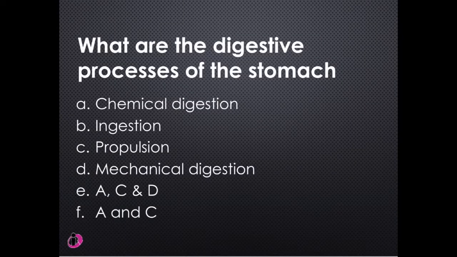Checking this question out, what are the digestive processes of the stomach? Do we perform any chemical digestion? What do you think? Do I perform any chemical digestion? Yes. Can you remind me what's the name of the enzyme that we're going to be releasing, and what's the cell that would be releasing the enzyme responsible for the chemical digestion inside the stomach?